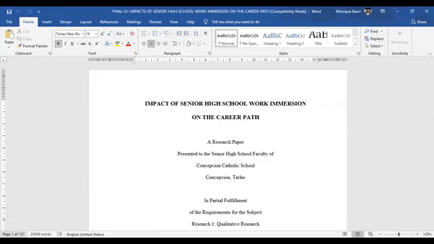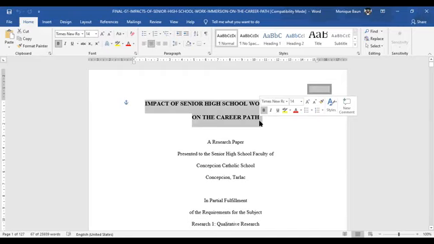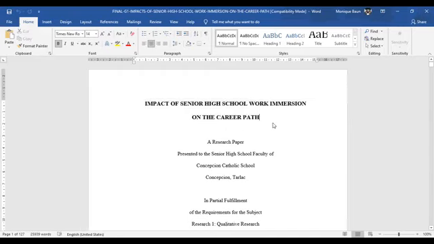As you can see, it consists of 127 pages. The title of the study is all about the impact of senior high school work immersion on the career path. Class, work immersion can be called OJT, of the grade 12 students.